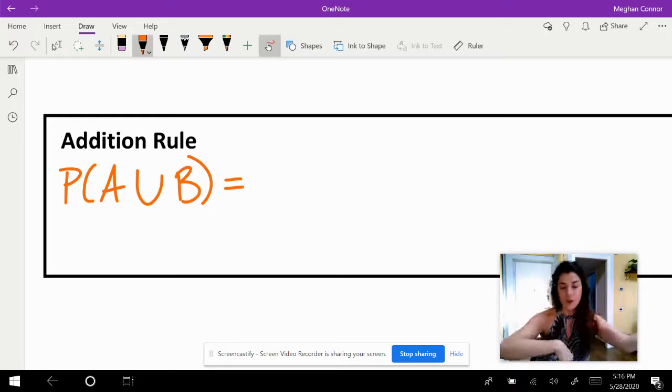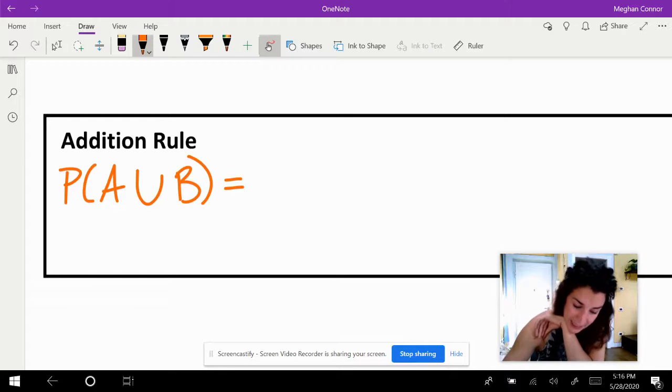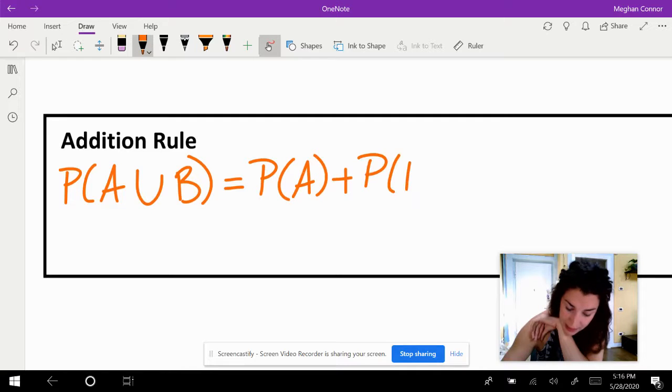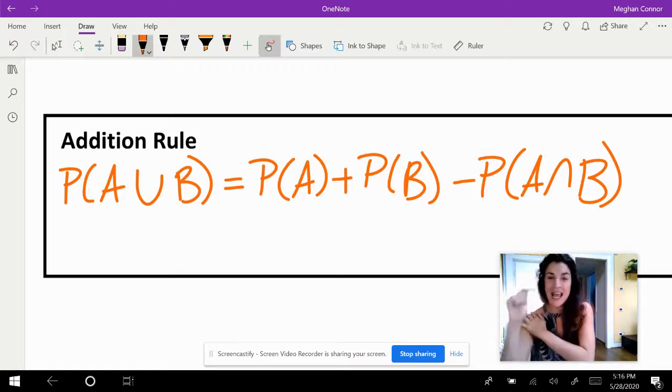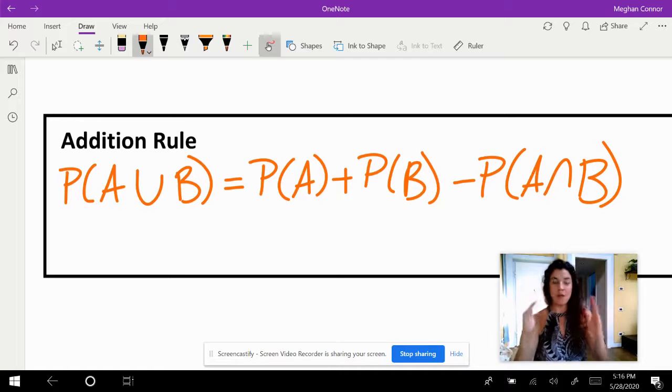We could have this or we could have this, all of them together. And it is the probability of A plus the probability of B, and then minus the probability that those two things have in common, and this is A and B. The one thing that they both share is going to be subtracted out.